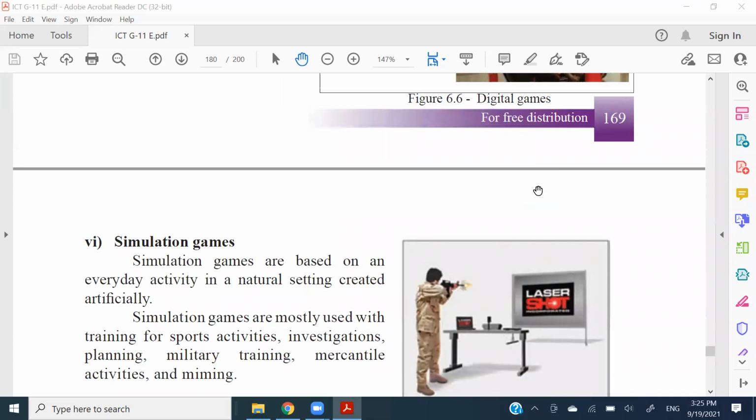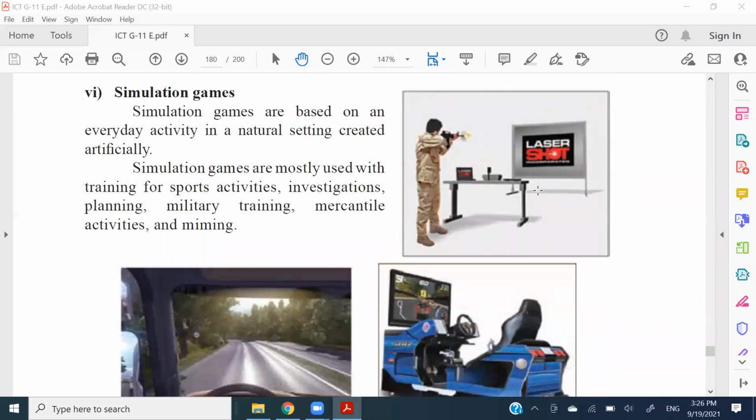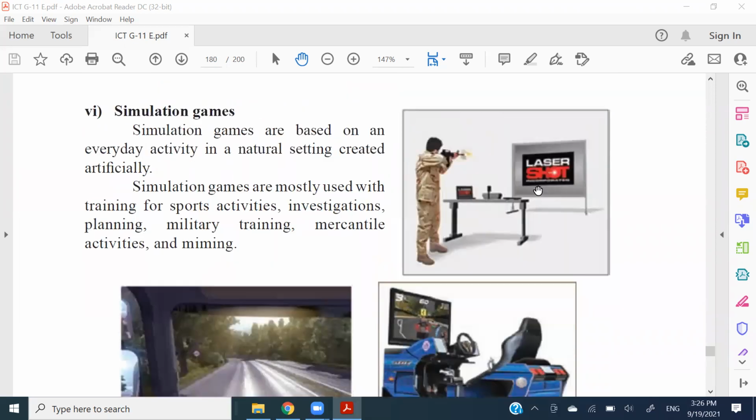Simulation games come the same way, to give the real-time experience. The computing is interrelated, or the ICT is integrated. So as the picture shows, there are many shooting games, and most of the time even the space-walking simulation and the aerospace experience simulation are given like this.